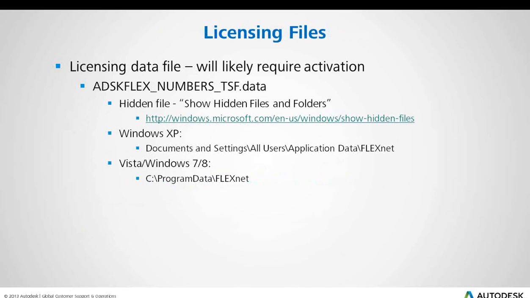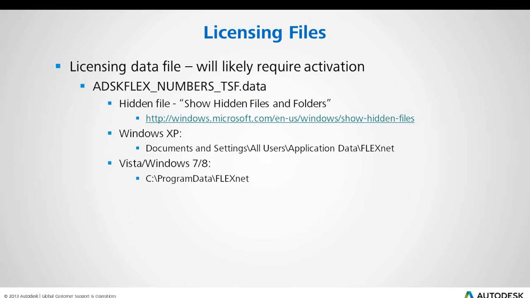And the final thing to look for in terms of files on your computer is licensing files. These are ones like if you have a standalone or a desktop subscription, you'll have what's called a trusted storage file, which keeps track of the licensing on the system. And again, these are going to be under a hidden folder.